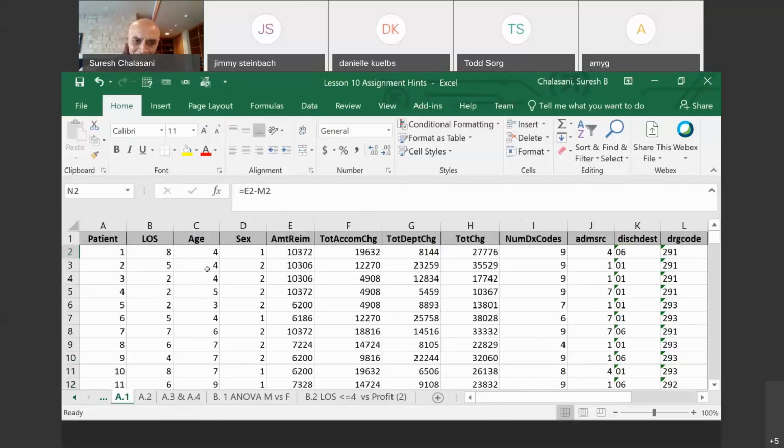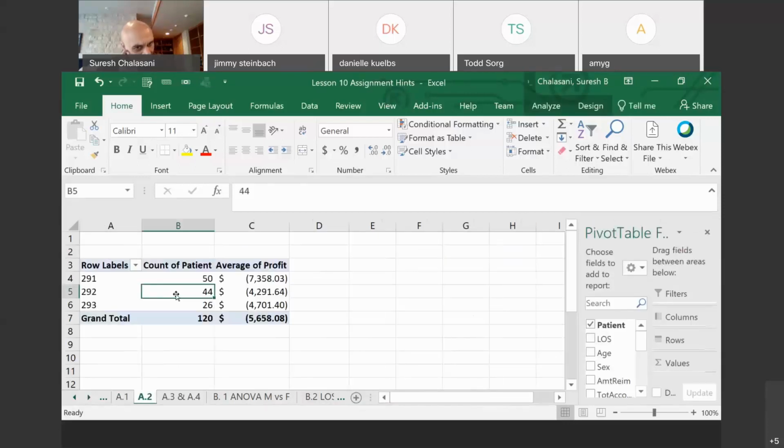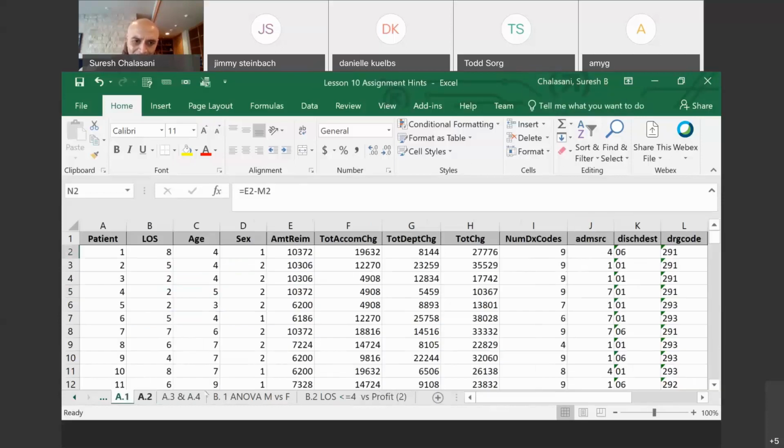And in terms of A2, it's simply running a pivot table based on all the data in A1, so that you should be able to do quite quickly.